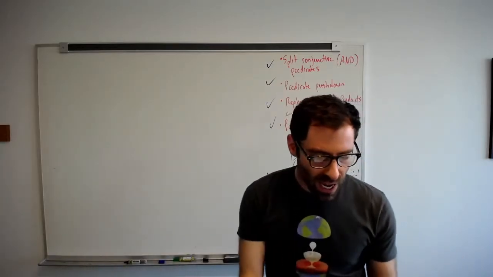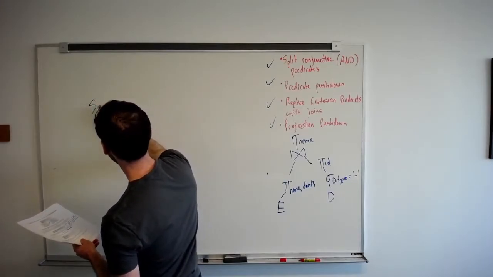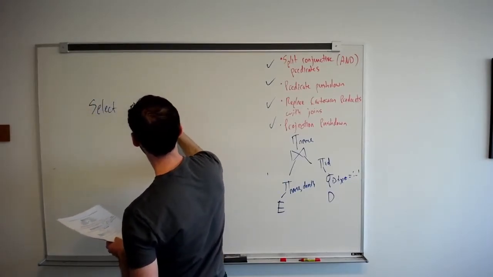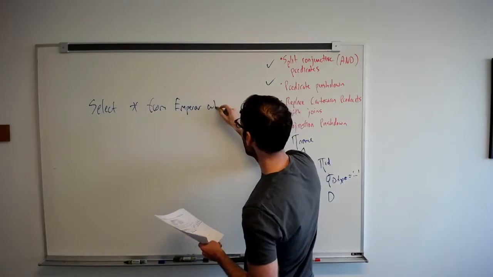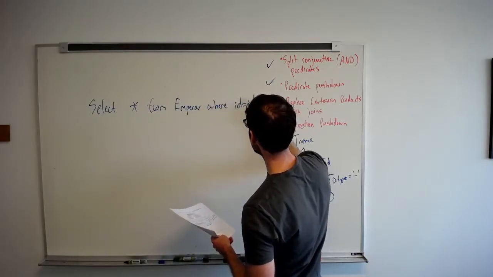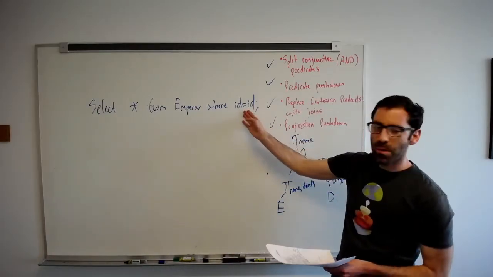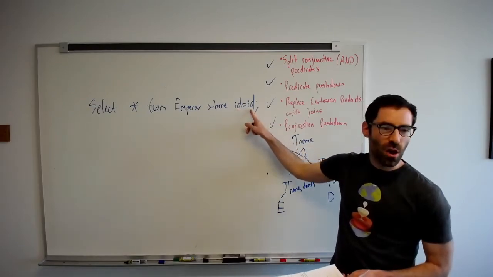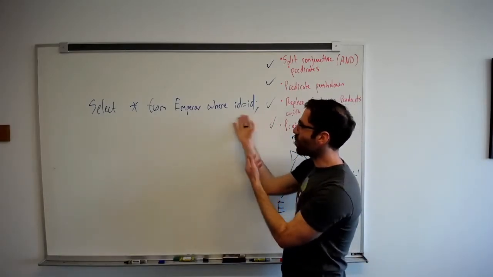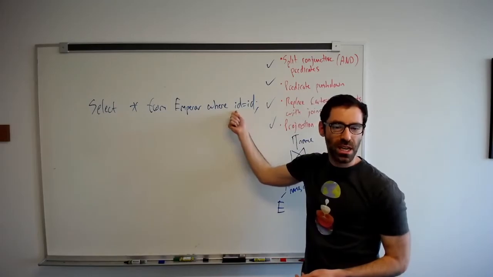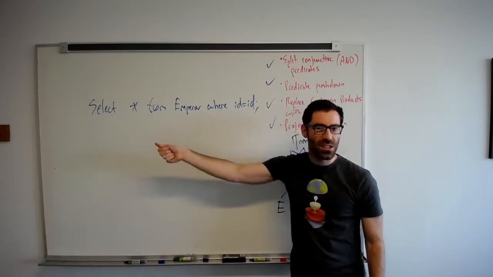So we might have something like select star from emperor where ID equals ID. And you may say, well, ID is always going to equal ID. So why would anyone ever write a predicate like this? Like, this doesn't seem to make any sense. And I agree. Seems a little silly that someone would write this exact SQL query.